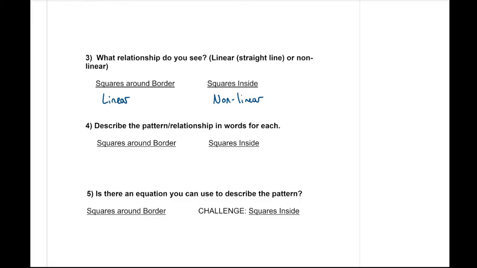Well, for the squares around the border, we've already described it as linear, but we could also say it increases by the same amount each time. And for the squares inside, or that second example or table, it increases by a different amount each time.